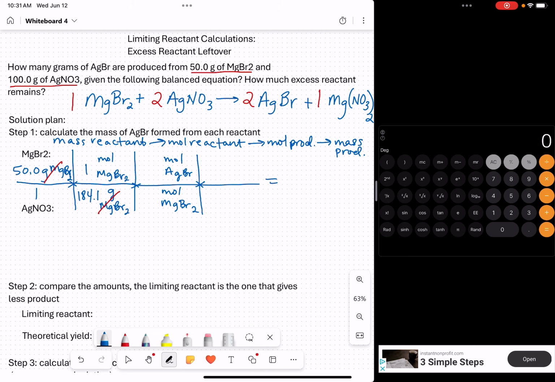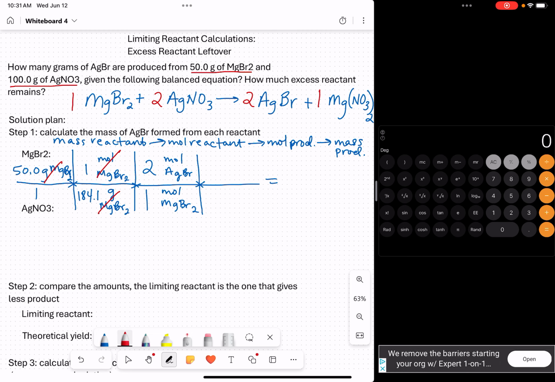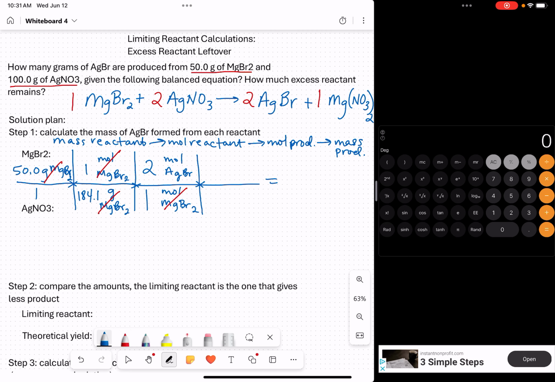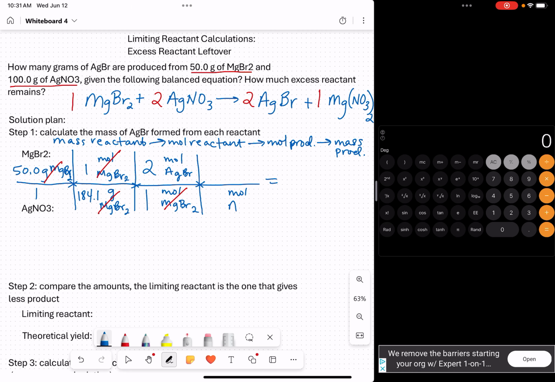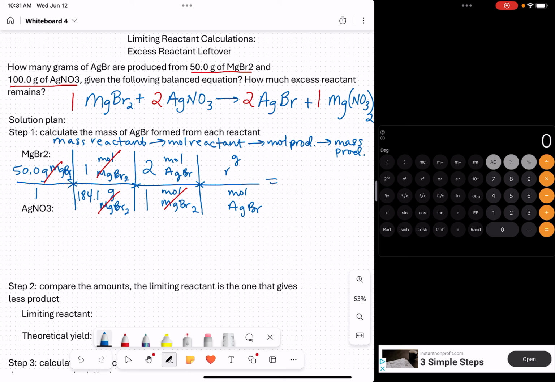From the equation, for every 2 moles of silver bromide I produce, I had to use 1 mole of magnesium bromide. The last step, now that I have converted moles of the reactant to moles of product, I need to convert the moles of product to grams of product.